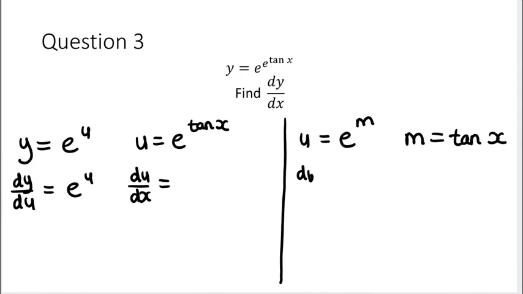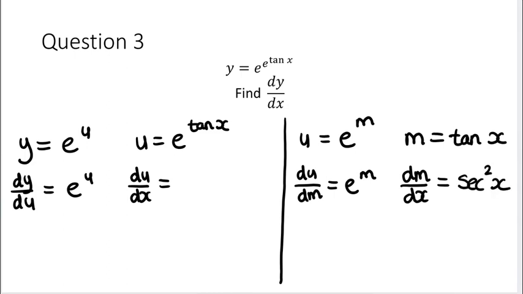So du by dm, differentiate u with respect to m, that would just be e to the m. And then dm by dx means differentiate m with respect to x. So I'm going to have to differentiate tan x here, which is just sec squared. That's the result that you can find in your formula book.